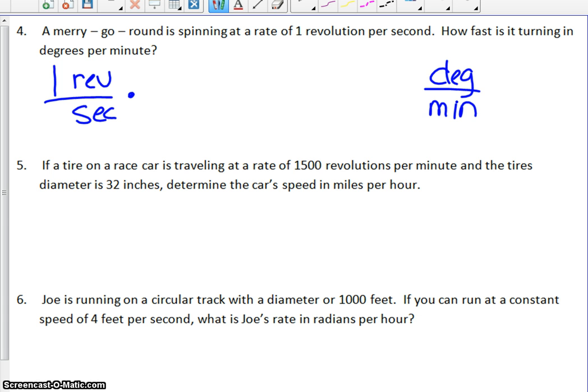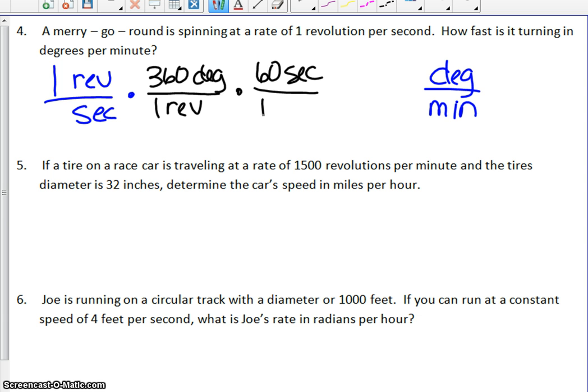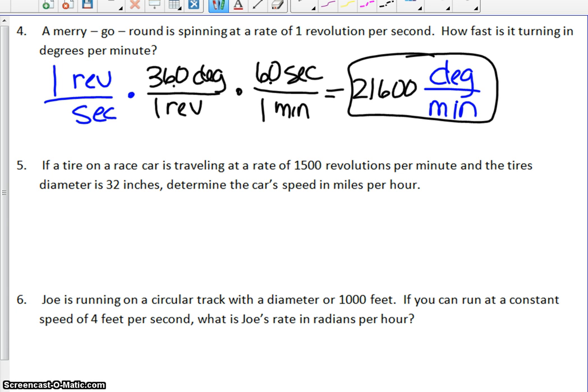I know that 1 revolution is 360 degrees. Now we just need to turn seconds into minutes. I know that 60 seconds is 1 minute. Now I just need to multiply 360 times 60, and really that's my answer there. I get 21,600 degrees per minute.